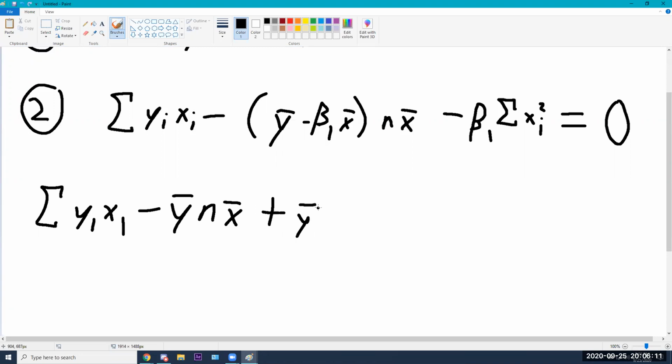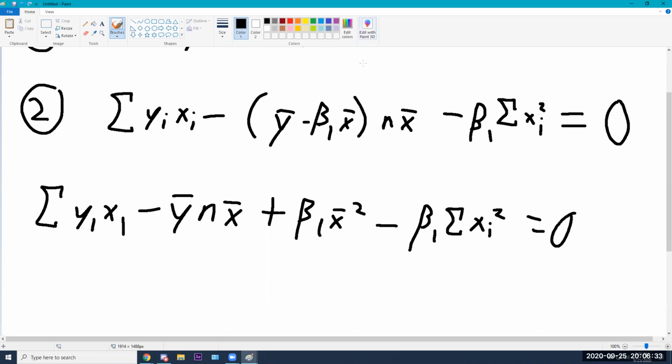Oh, sorry, that's the wrong one. Beta 1 x bar squared, and then minus beta 1 of the sum of xi squared. All right, equals 0.